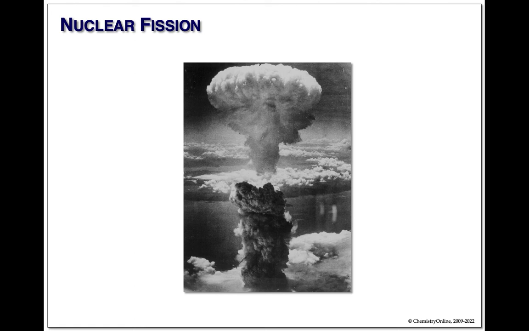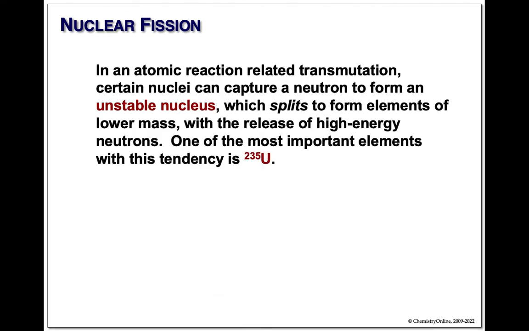All right, so what we're going to do to make a fission bomb, and I'm going to tell you exactly how to do it, so you could go home and make one. You could. Transmutation, we said we get an unstable nucleus that splits. All right? Uranium-235 is an element that is known to do this.